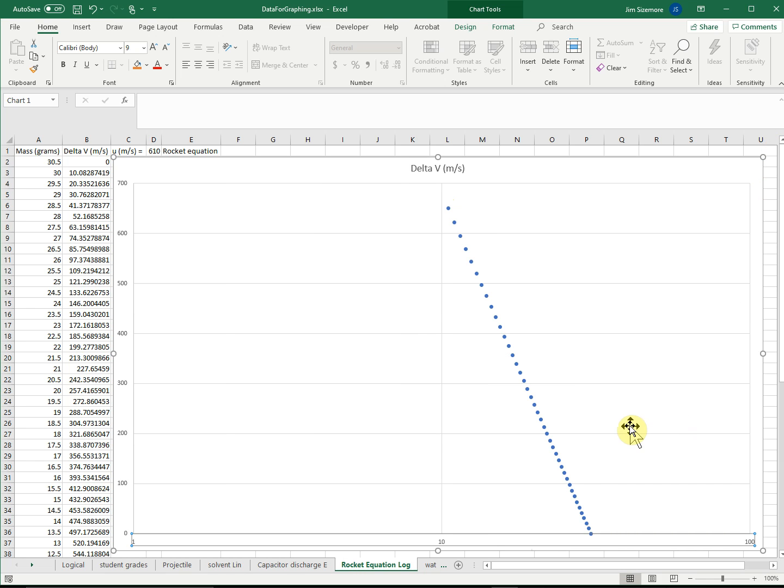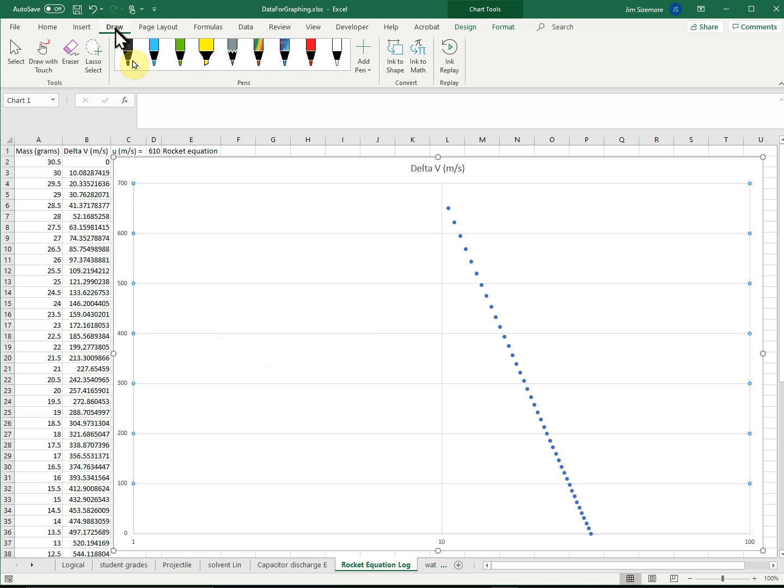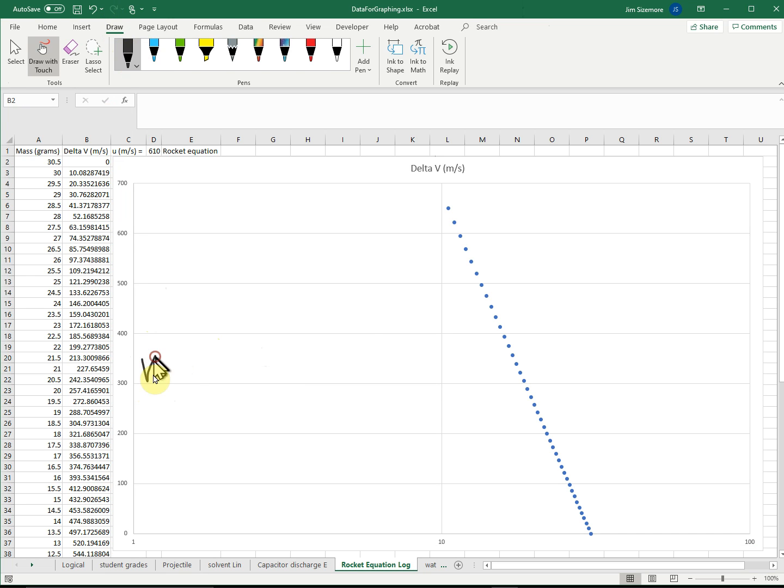So the type of trend line, let's take a look at the equation on this. This is fairly straightforward. We linearize this data by saying y equals m logarithm of x plus b.